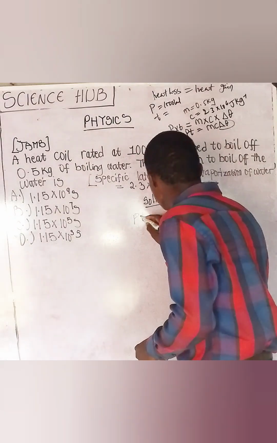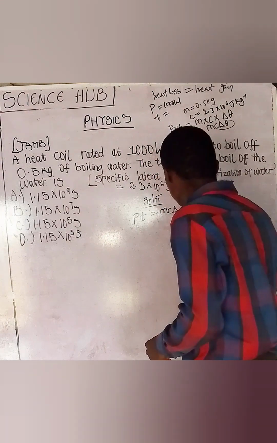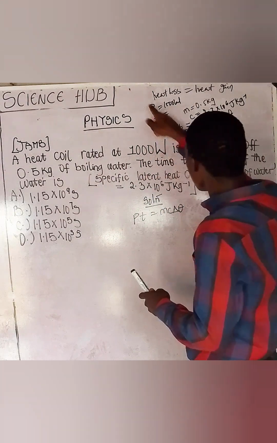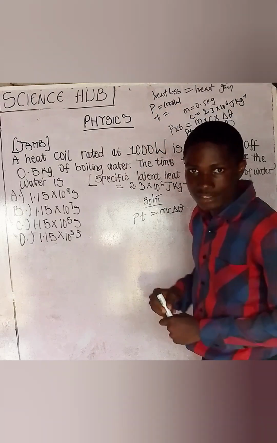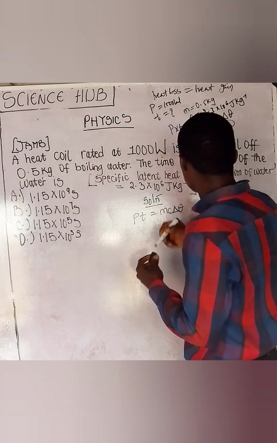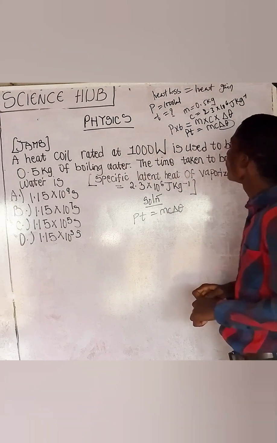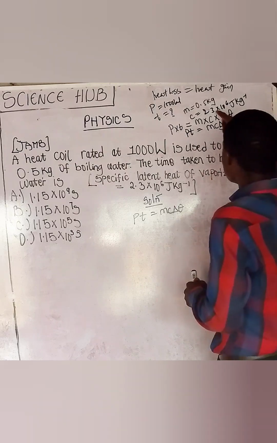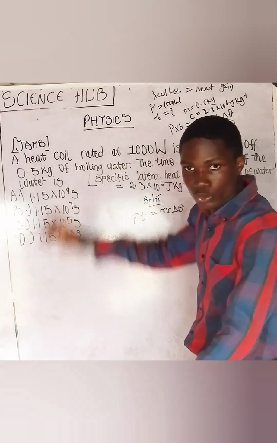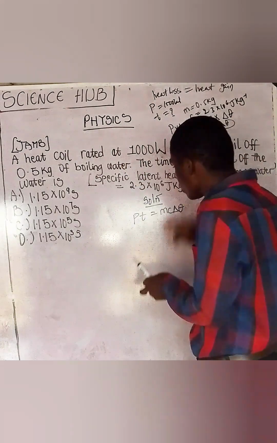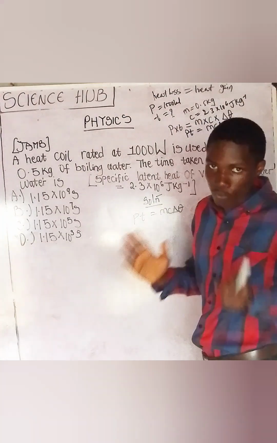So PT is equal to MC change in theta, where the power is 1000 watts, the time is unknown, the mass is 0.5 kilogram, and this is C. Let us substitute these values into this particular formula.